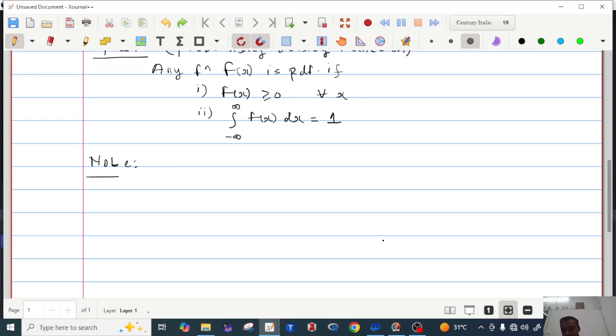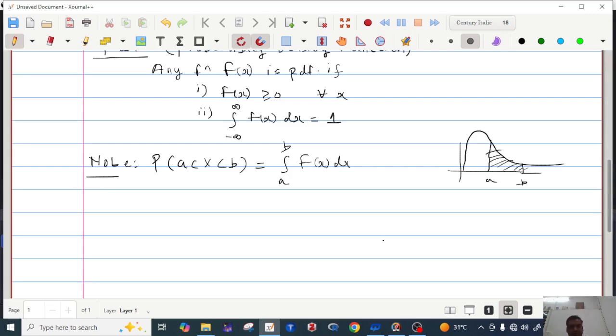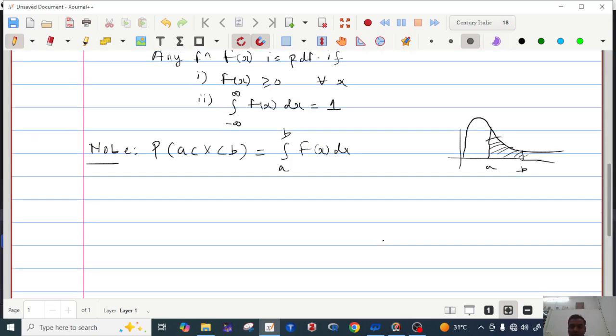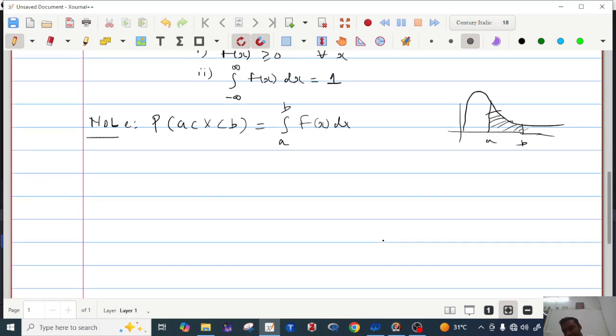Suppose we have a graph of the function like this, with a point A and a point B. We have to find the probability of this region, P(A < X < B). We find it by taking the integration of f(x) dx from A to B. In this way, we find the probability for a given continuous function, since this function is continuous.